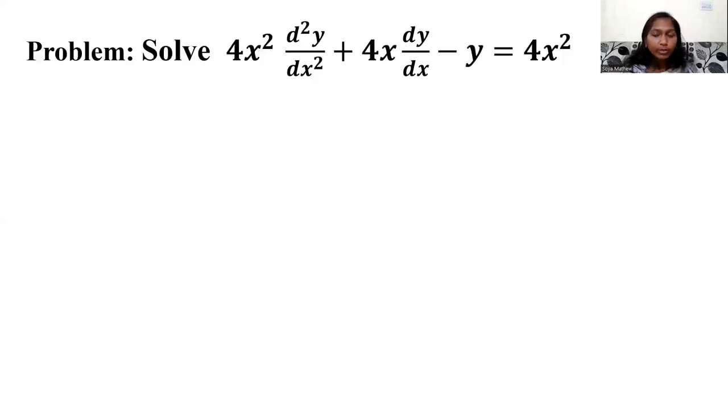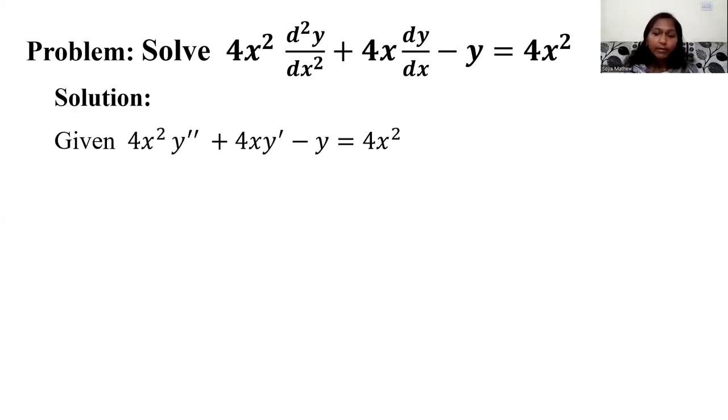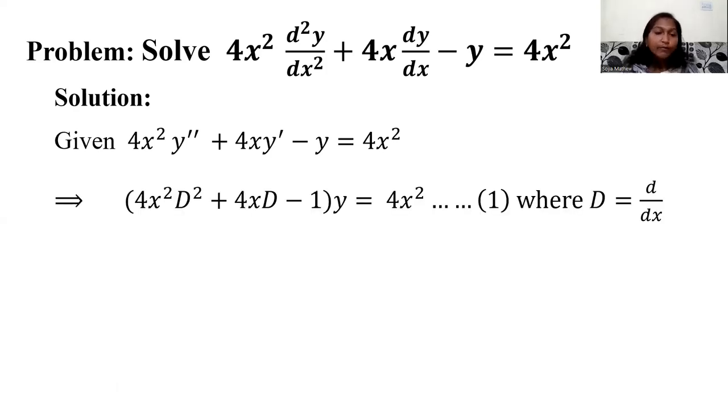Let us look into one problem and see how the solution can be found. Let us write the given equation in the differential operator notation as 4x squared D squared plus 4x D minus 1 into y is equal to 4x squared, where D is d by dx.